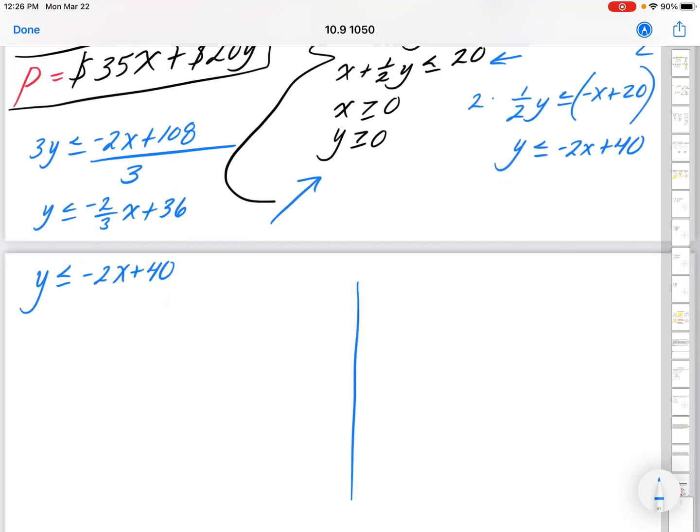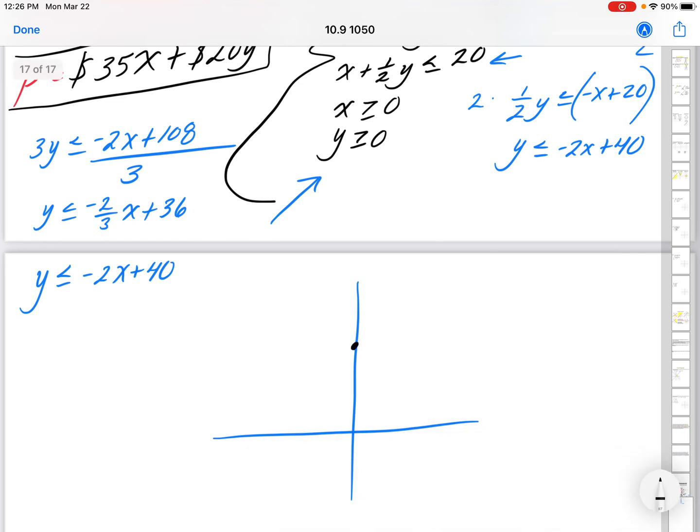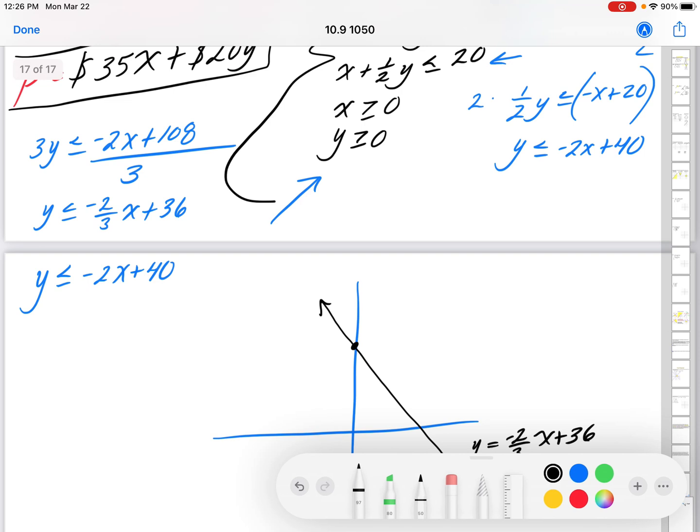So then if I draw a rough sketch here, I have my one equation, which was up at 36, and then I have my slope of down 2/3, just doing a rough sketch here. So I'm going to write myself a note. This would be y equals negative 2/3 x plus 36. And we're shading below that, so just keep that in mind.